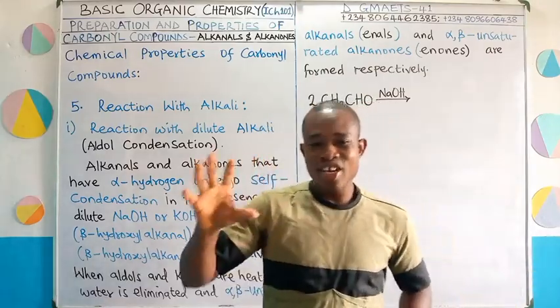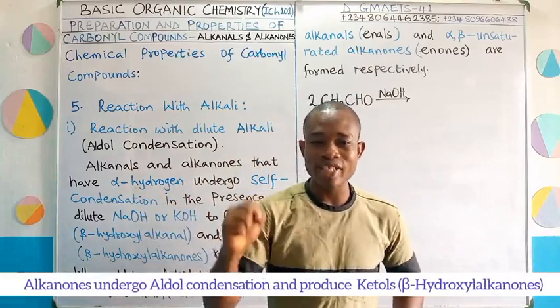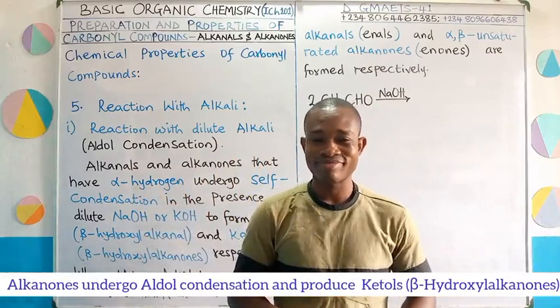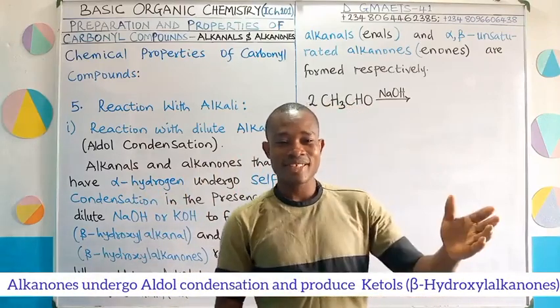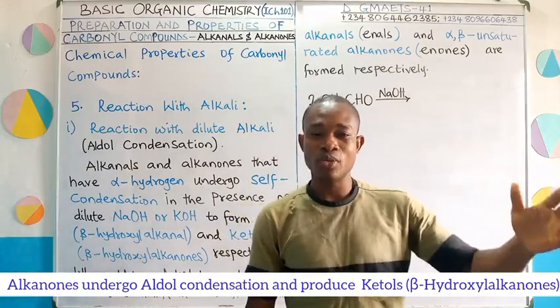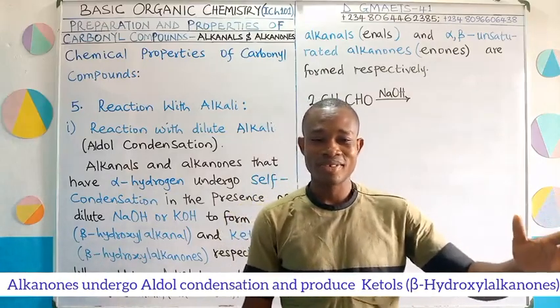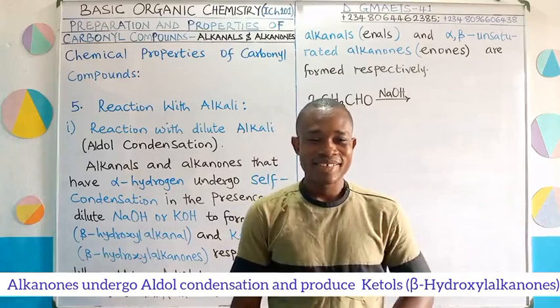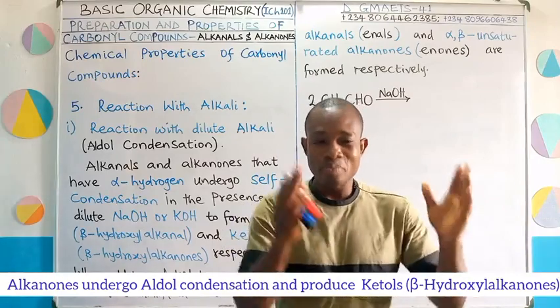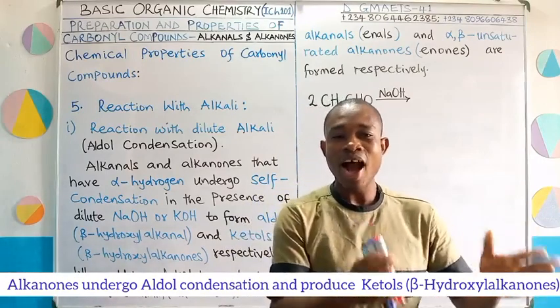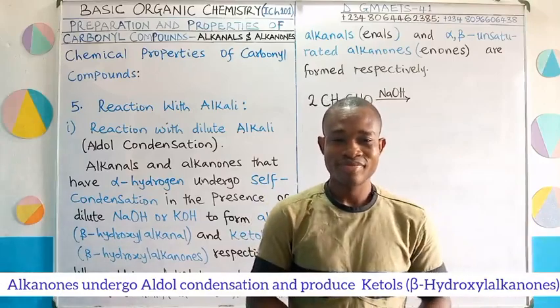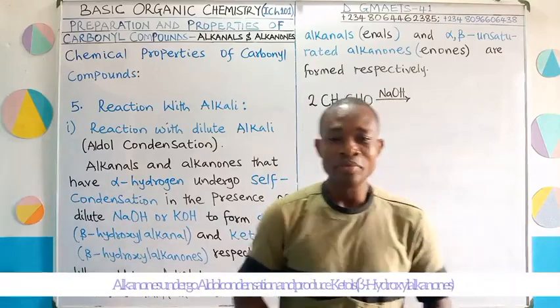Now, if it is an alkanone, that is the carbonyl compound undergoing this Aldol condensation, you are going to get what we call ketols. And what are ketols? Ketols are simply beta hydroxyl alkanones. Take note of these terms, okay?